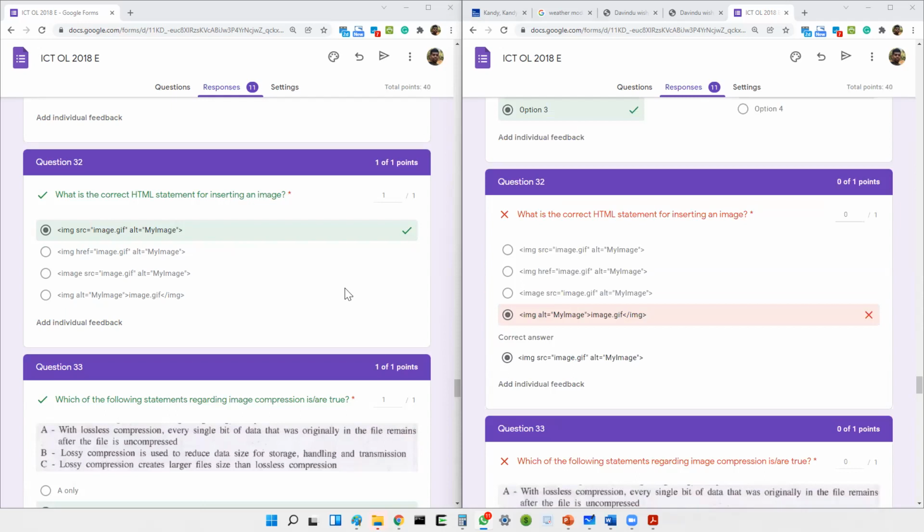Okay, next one, question number 32. What is the correct HTML statement for inserting an image? When you want to insert an image, you will use the img tag.